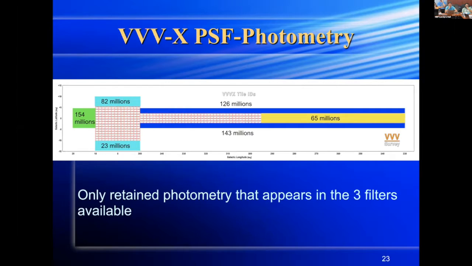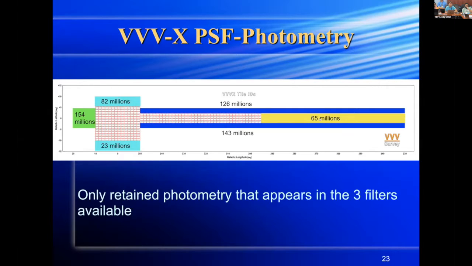And in the end, since we only have 3 filters, what I did was retain only photometry from sources that appear in one epoch. Of course, we only have one epoch in J and in H. So I also just take one epoch in K and retain that photometry if the source appears in the 3 filters at the same time.